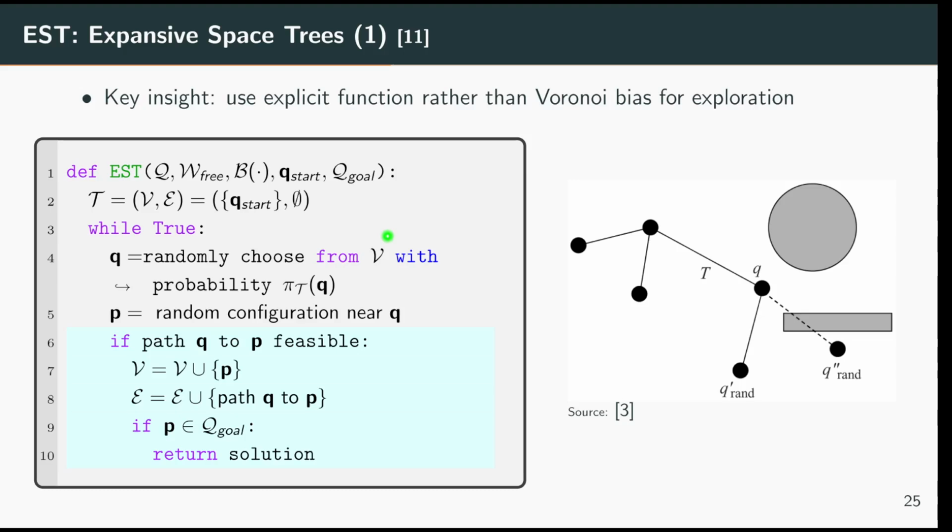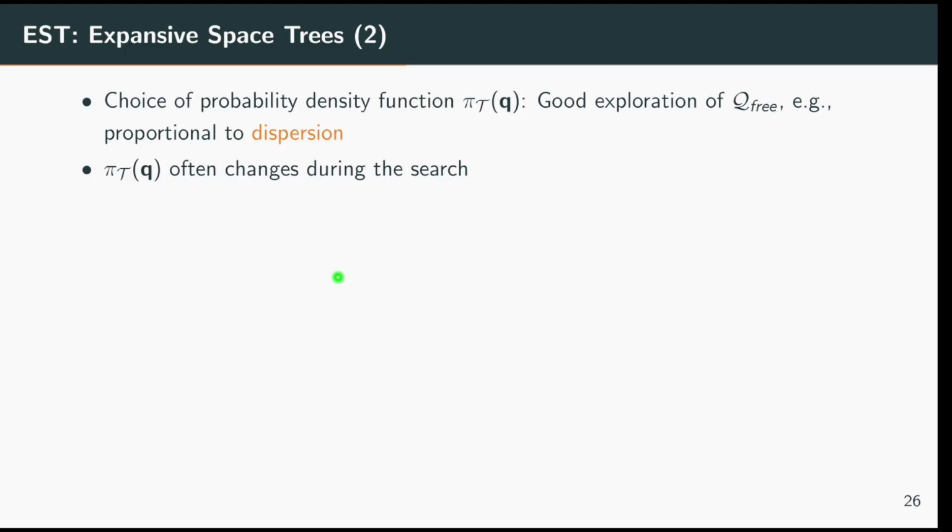And so really the tricky part here is this probability distribution, because you can imagine that this is something that changes over time. Ideally, we want to do something similar to this Voronoi bias idea, where we try to minimize dispersion.